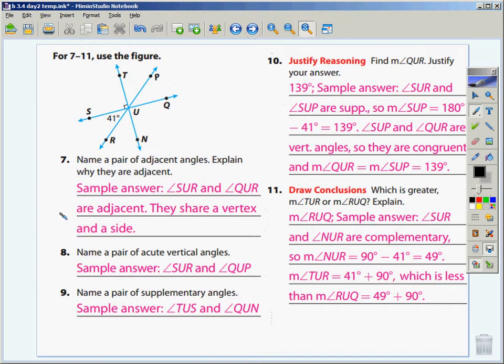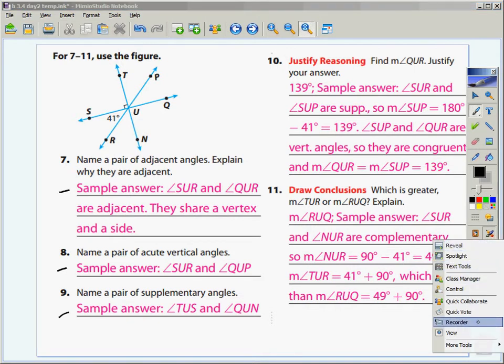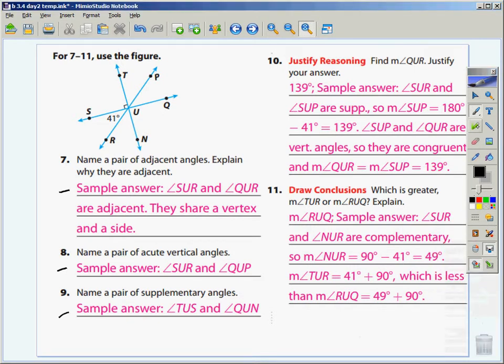Okay. Notice a lot of these are going to say what? Sample. Okay, which angles do you have listed? N, U, S, and? N, U, T. Okay. They would be adjacent, although I would say NUT you have to be careful with, because NUT could be on either side, right?